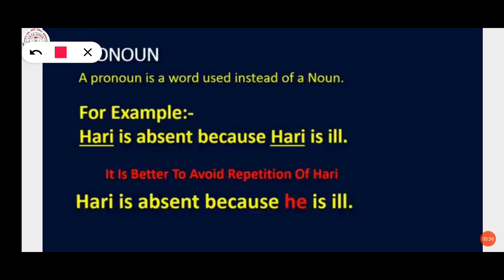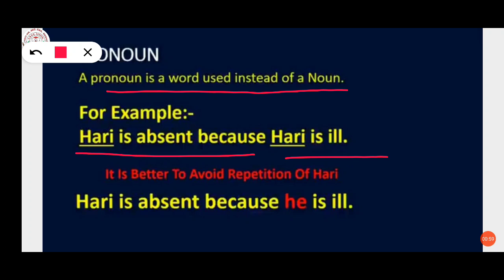Here you can see that the definition of pronoun is given: it is a word that is used in place of a noun, that takes the place of nouns. We use pronouns in place of nouns so that we do not have to repeat the nouns. For example, it is given, Hari is absent because Hari is ill.